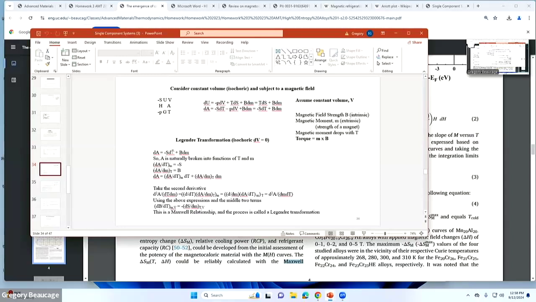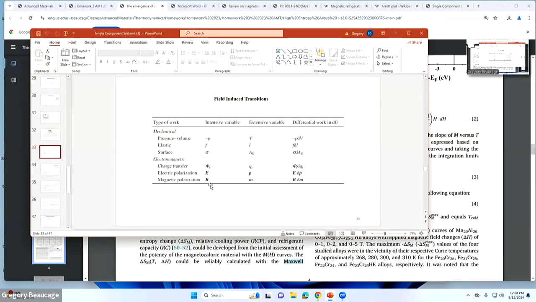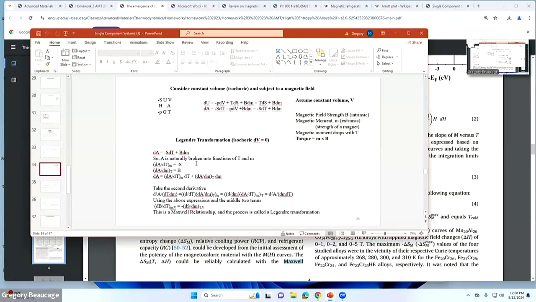So this is a constant pressure, like a Gibbs, or it's a constant volume if you're using the Helmholtz, right?